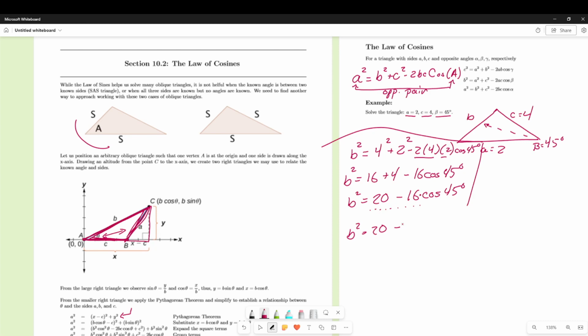But 16 times the cosine of 45 degrees, we could get an exact answer there if we wanted to use the square root of 2 over 2, but this is really a decimal approximation type section, so we're going to go with that. So B squared equals 8.7, and don't forget to take the square root there at the end.